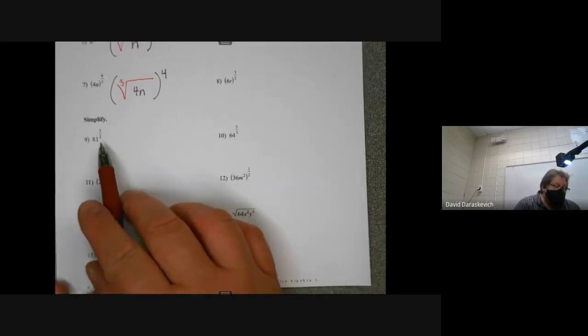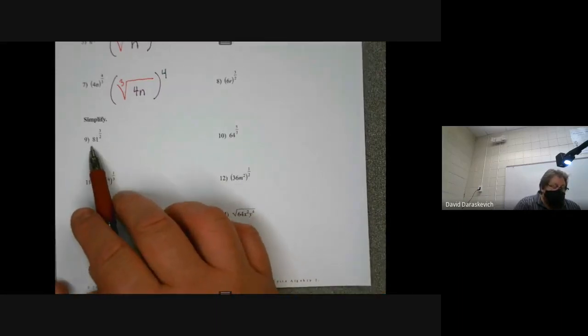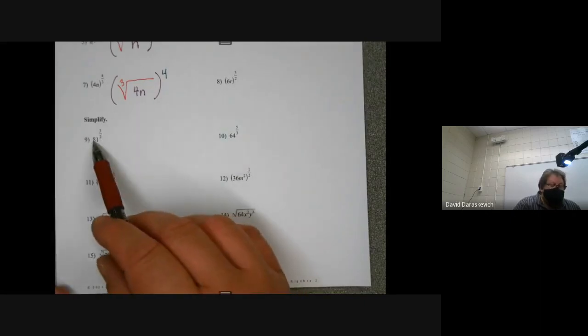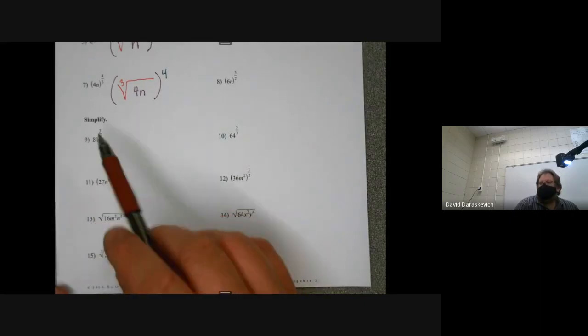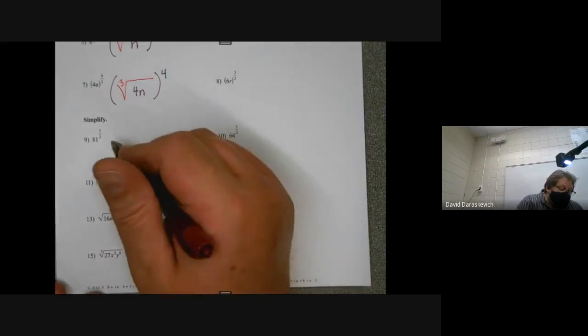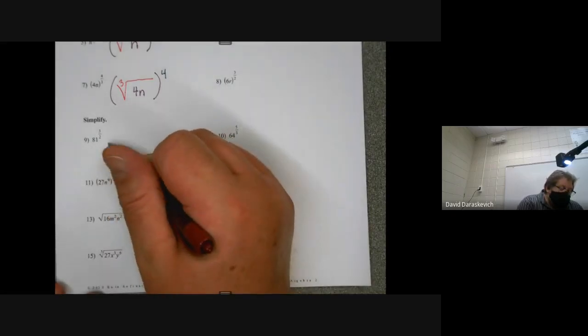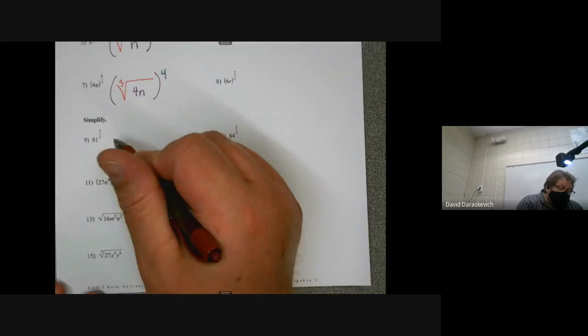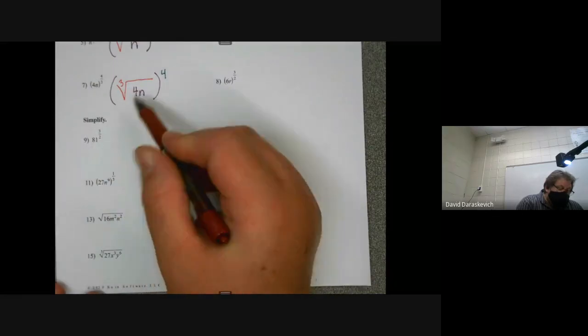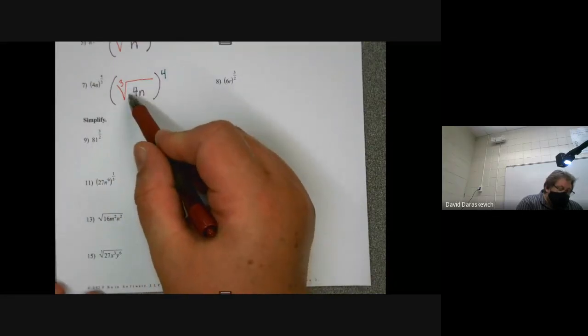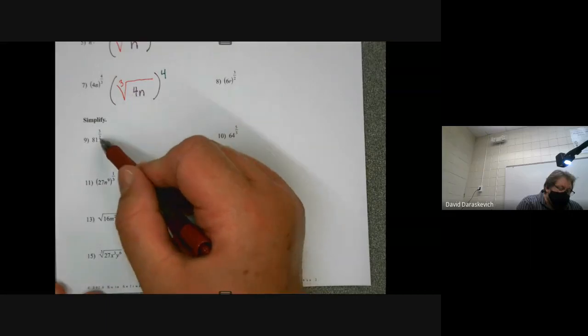81. And again, if they tell you you can use a calculator, obviously use a calculator. Okay. If not, you're going to have to do it with your brains. Remember, radical form is better for our brains. So I'm going to switch this to radical form.